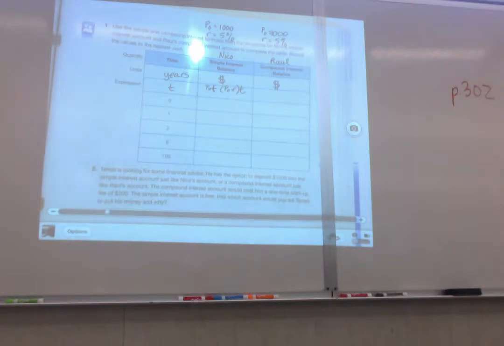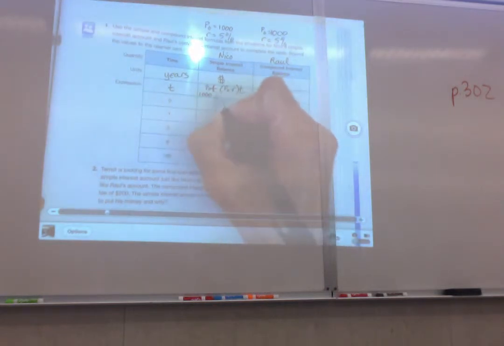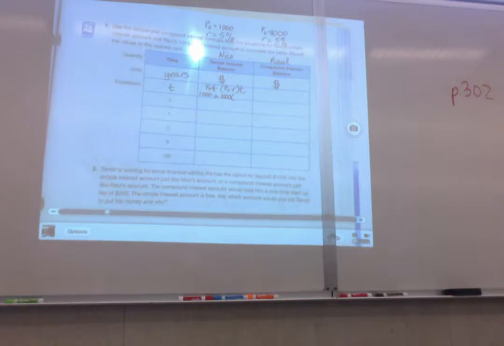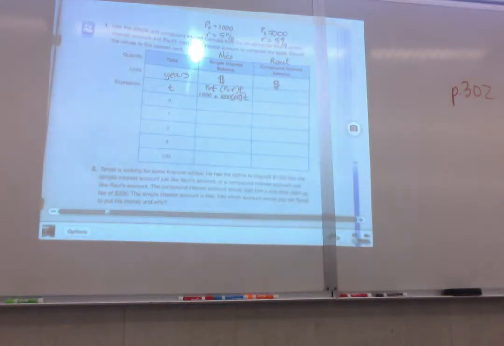I can make it a little bigger, but we lose part of the table. Okay, then we're going to put in numbers. 1,000 plus 1,000 times, how do we write 5% as a decimal? 0.05, thank you. And then we're just going to leave the T in there.